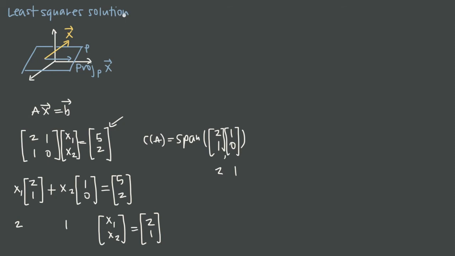And the least squares solution is actually going to be the projection onto the column space of A. So if we again go back to this visualization, instead of saying that this is just the plane P, let's call this plane the column space of A. Remember, the column space is a subspace, so let's pretend for a second that it's a plane.